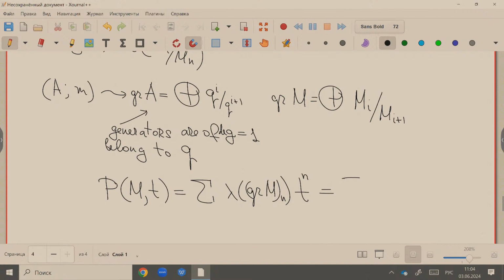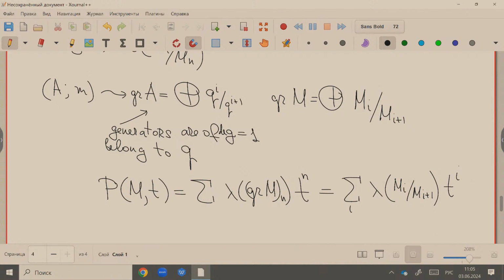Here you have the graded piece of M, so the function looks like lambda of the length of M^i modulo M^(i+1), of t.